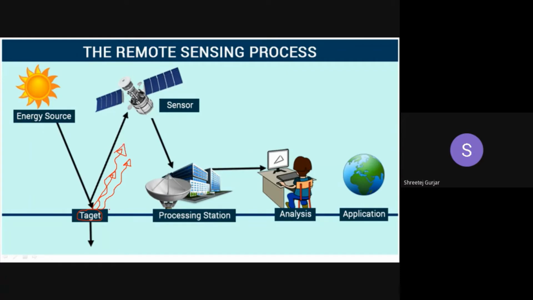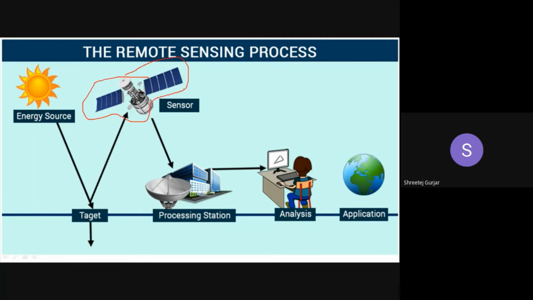So scattering, I've told you, absorption, incident, and then this is the radiation, or the reflection, of the energy. It is also called irradiation or reflecting back. After that, that reflected energy is recorded by the sensor in space.